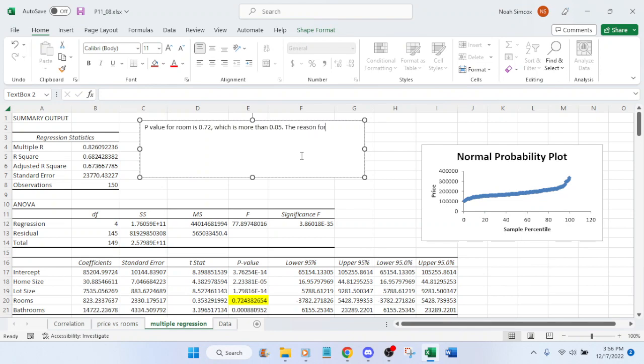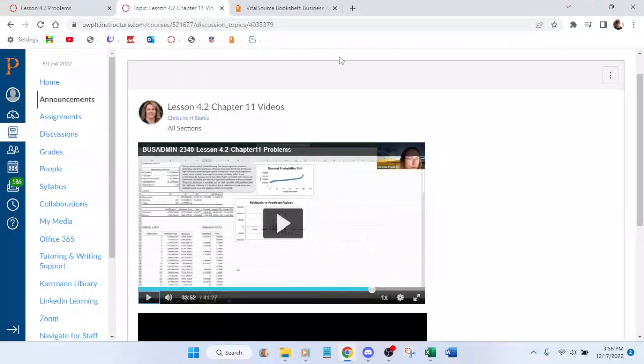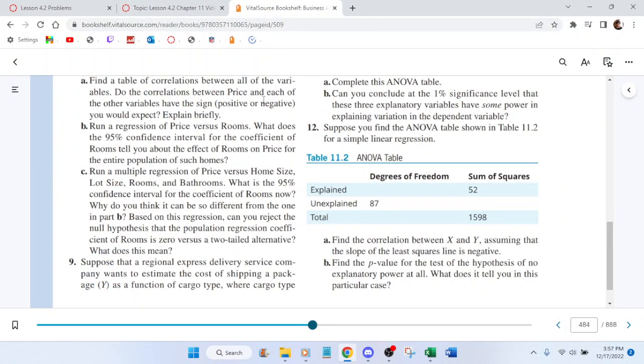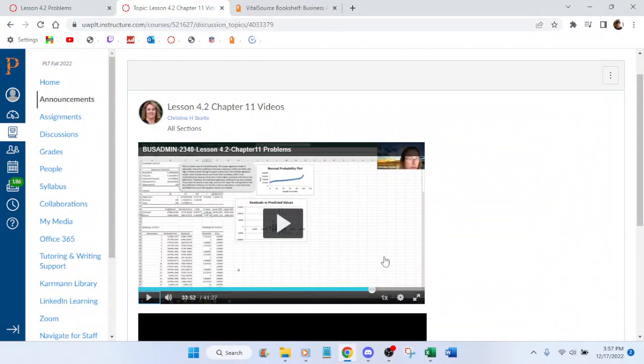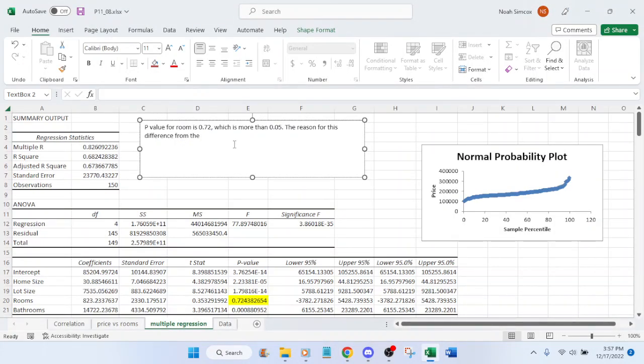The reason for this difference from the simple regression is that there is multicollinearity.